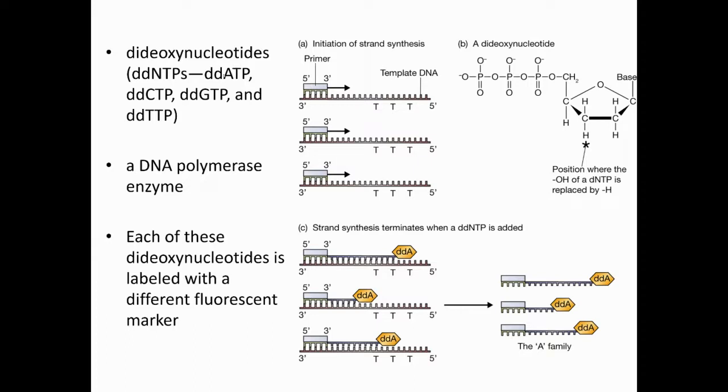So you can have ddATP in one reaction, ddCTP in another, ddGTP in a third, and ddTTP in a fourth. In these 4 reactions, they perform the DNA synthesis, and during the synthesis they mix with the regular deoxynucleotides, and then occasionally they might incorporate the specific dideoxynucleotide.